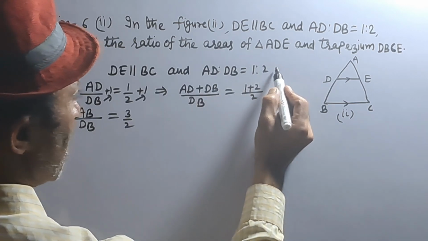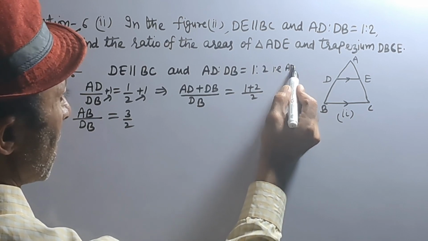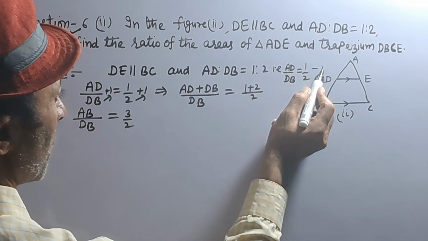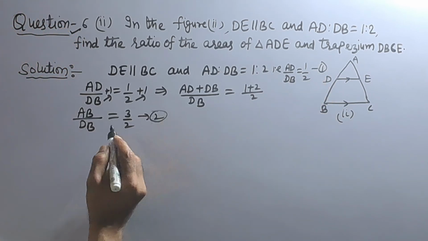This is equation number second, and the earlier one, AD upon DB is equal to 1/2, is equation number first.